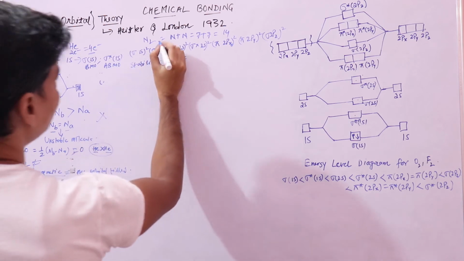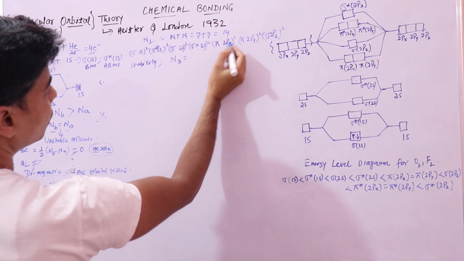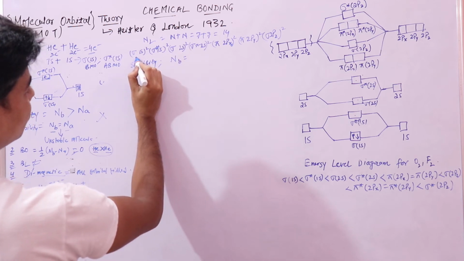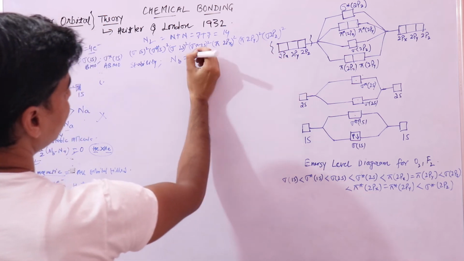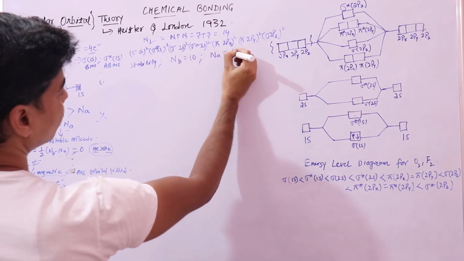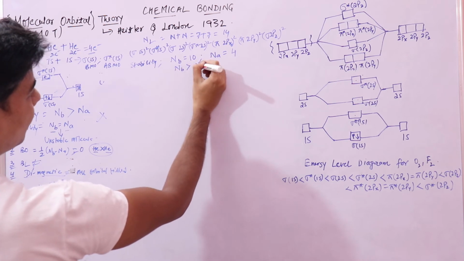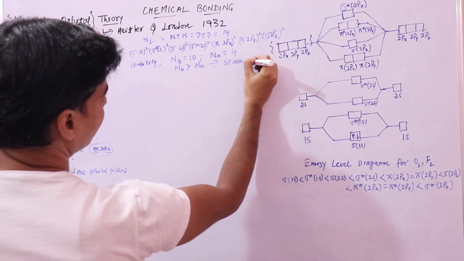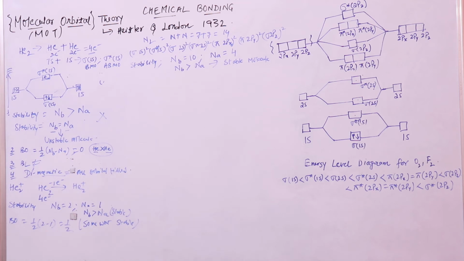You have 2 electrons in this anti-bonding molecular orbital and 2 in this one. So there are 10 electrons in bonding molecular orbitals, and in anti-bonding you have 4 electrons. So here Nb is greater than Na. This means it's a stable molecule.